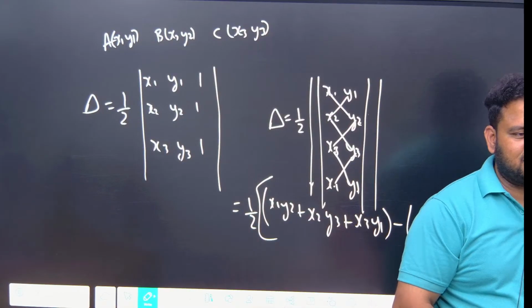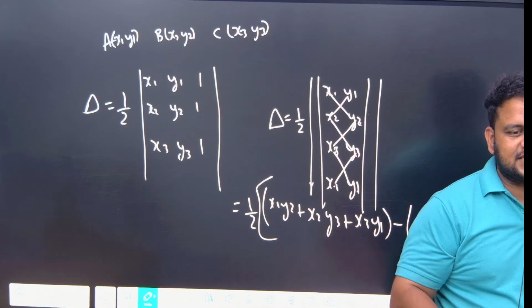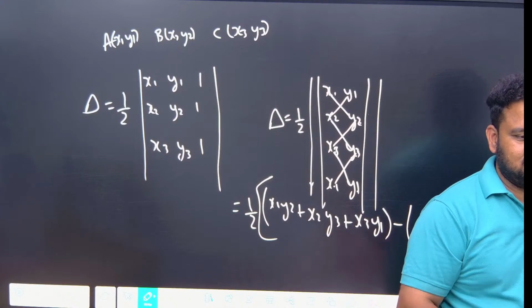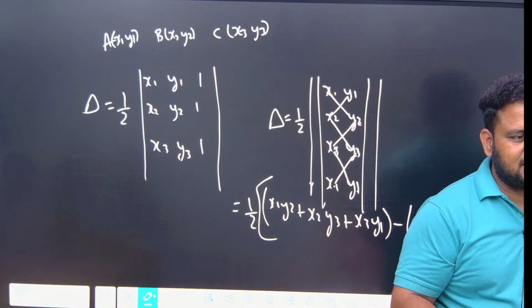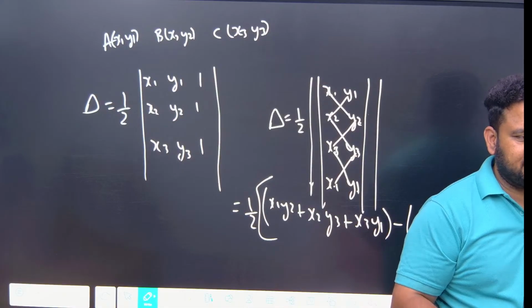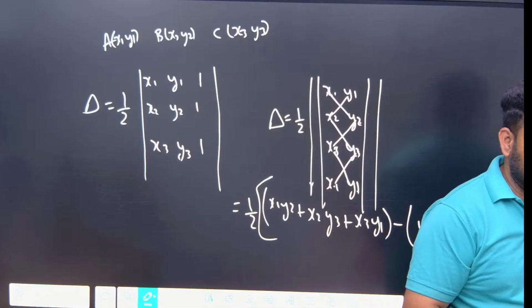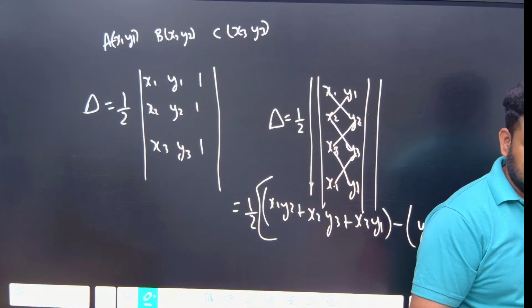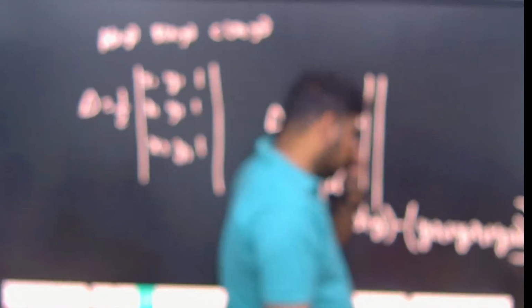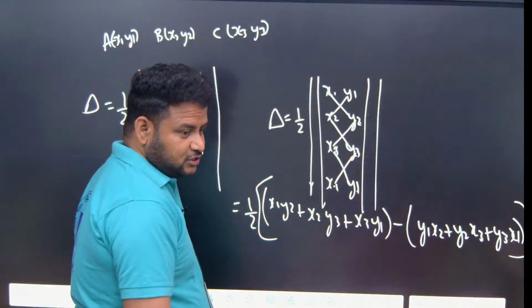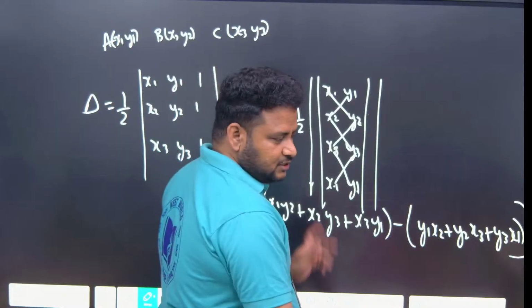Locus means it is a set of points that satisfies a given condition or a given equation. Any such set of points is called a locus. Clear? Not locust, locus. Locust is different, that is like insects.